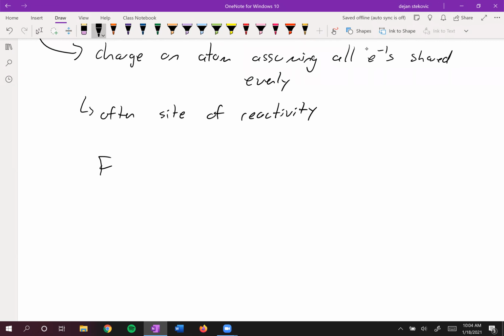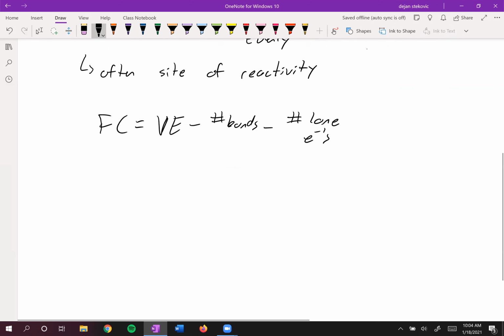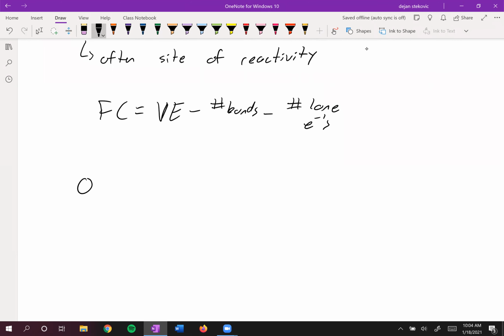And so formal charge is equal to the number of valence electrons on the neutral atom minus the number of bonds that it has minus the number of lone electrons.